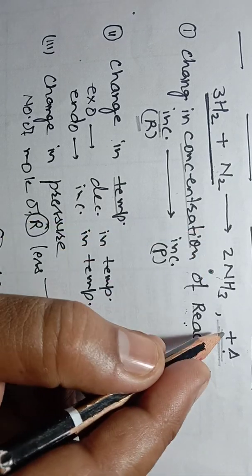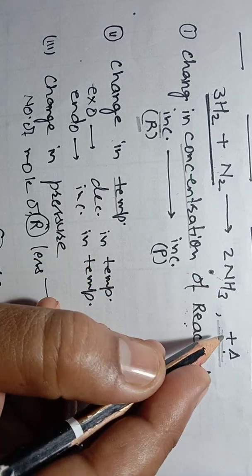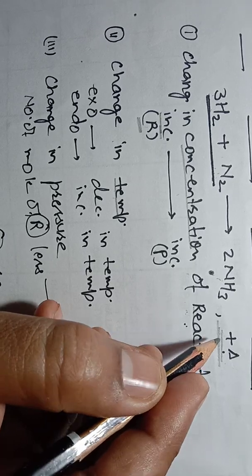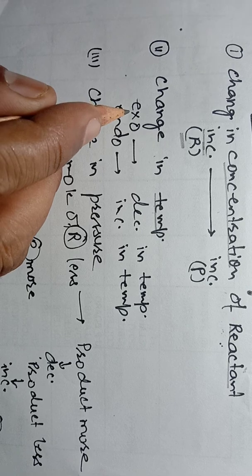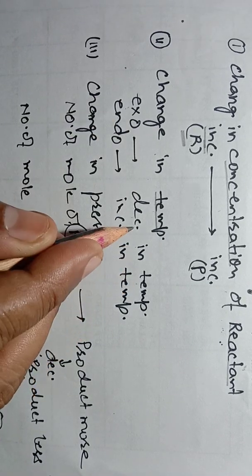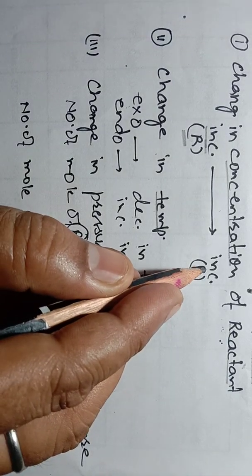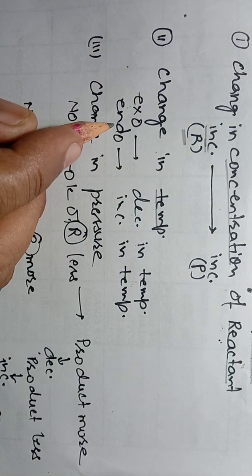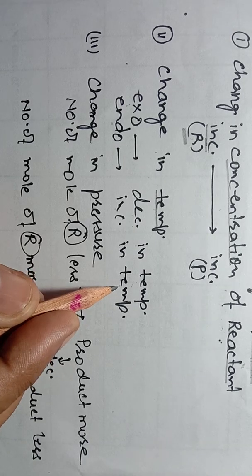As you can see here, the plus delta sign is there, which means the ammonia formation reaction is exothermic. According to Le Chatelier's principle, for an exothermic reaction, a decrease in temperature will be the favorable condition to get more product. For an endothermic reaction, an increase in temperature will be favorable.